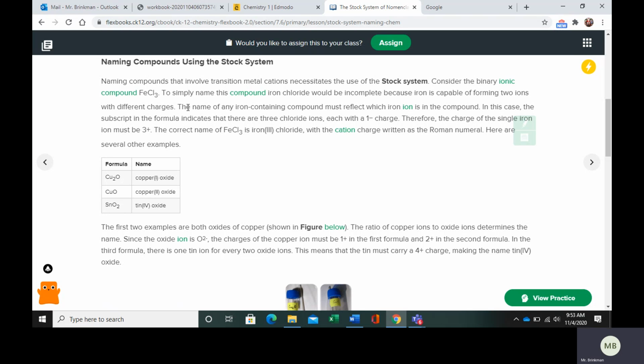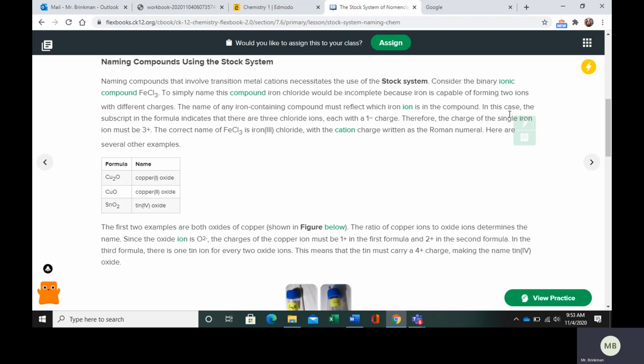Okay, so to name it, we need to figure out the charge of the iron. Now we know that there are 3 chloride ions, and chloride ions have a -1 charge.